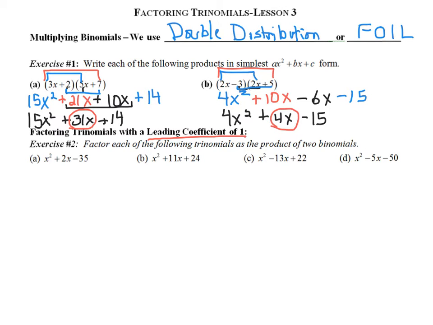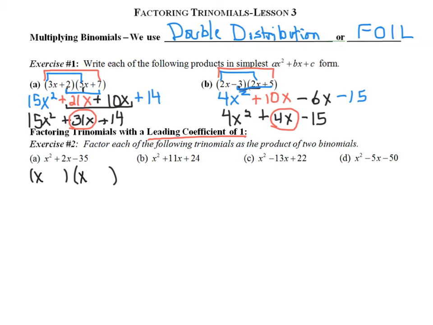So if I have the trinomial x squared plus 2x minus 35, I want to factor this into the product of 2 binomials. So I'm undoing the process that I did in exercise number 1. So my first step is to say, to get an x squared, I have to multiply x times x.